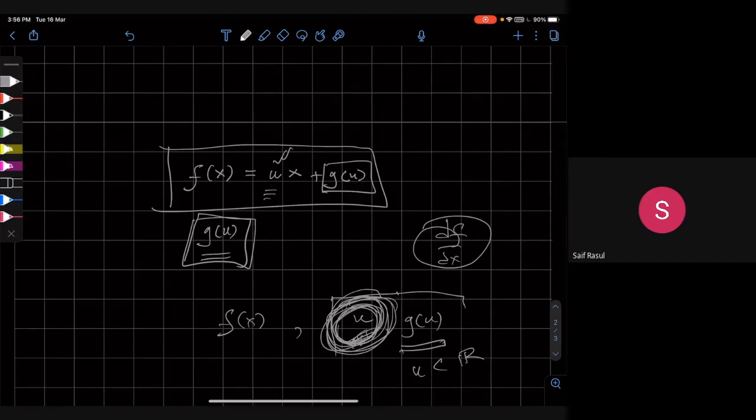This is the thing that I need to give you, as a function of u, and then you can reconstruct what this thing is, right? So in that sense, g is not a function of x, right?